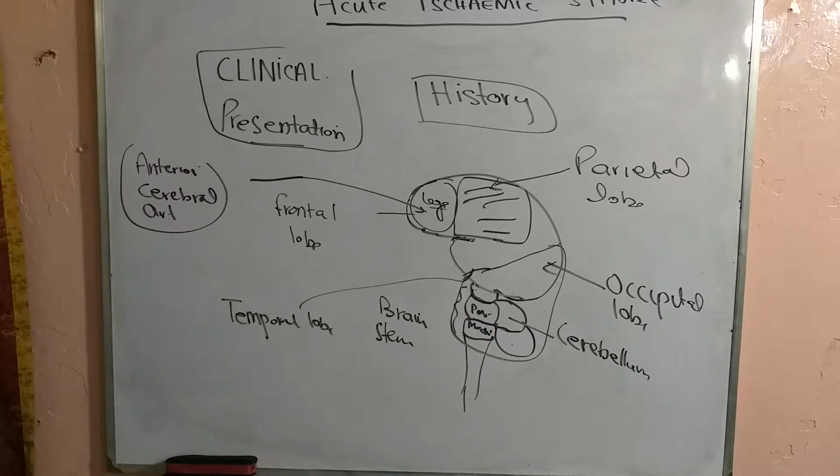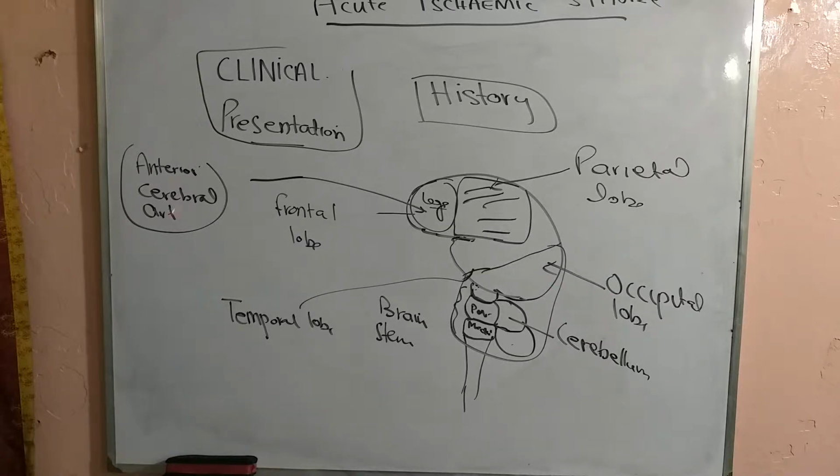For example, if the cerebellar branches of the posterior circulation are involved, it will cause ataxia, vertigo, nausea and vomiting. And if there is involvement of the brainstem through obstruction of the perforating arteries from the posterior circulation, then there will be a problem with the conscious level of the patient because of involvement of the reticular activating system. And if the posterior circulation is involved, there will be blindness because of occipital lobe involvement.